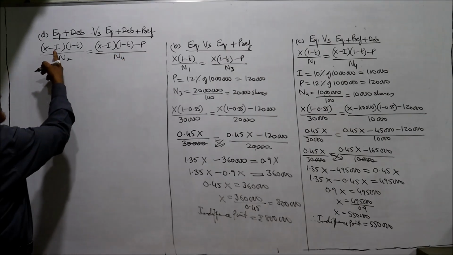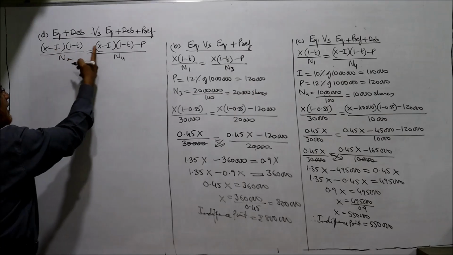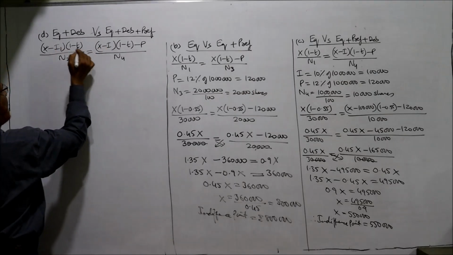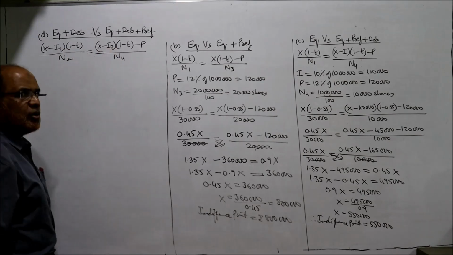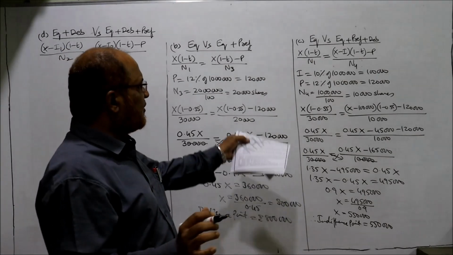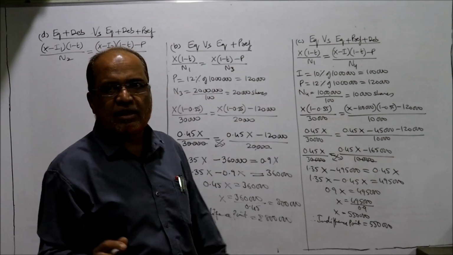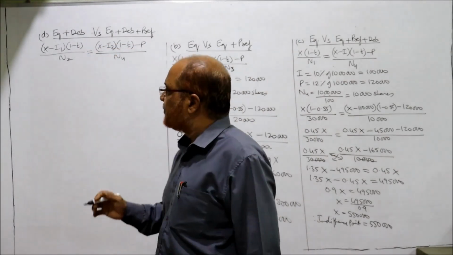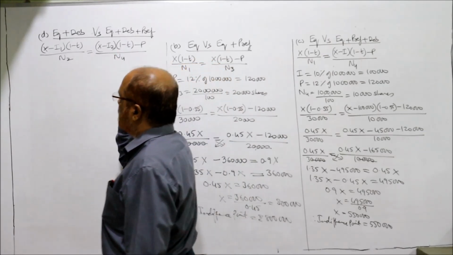Interest is there on the first plan and on the second plan, so to differentiate I am writing I1 and I2. In the previous problem only one plan had debentures, but here we have debentures on the first plan as well as the second plan.